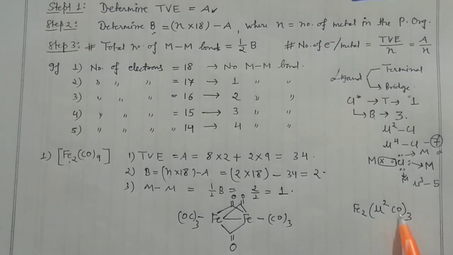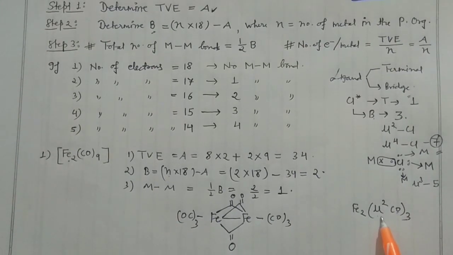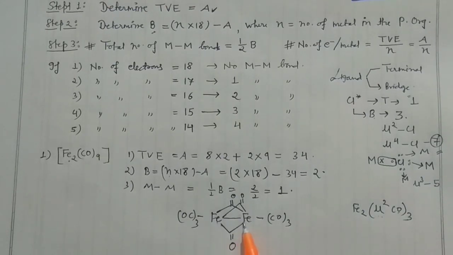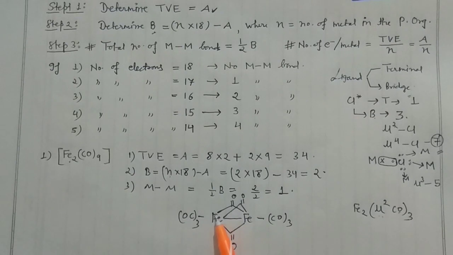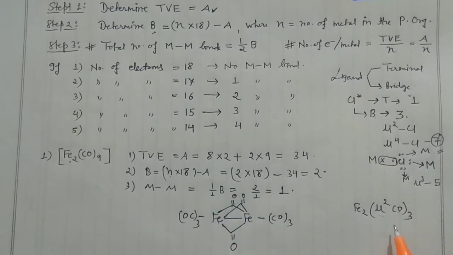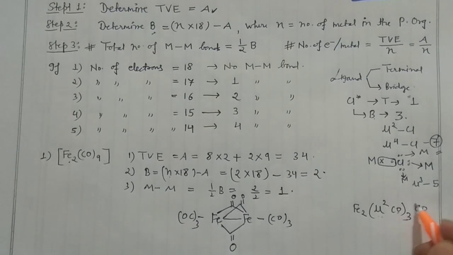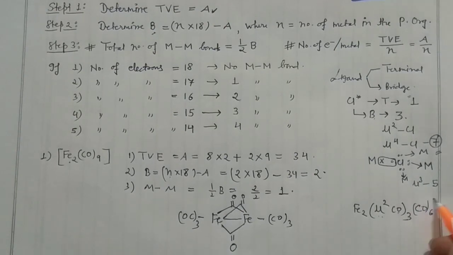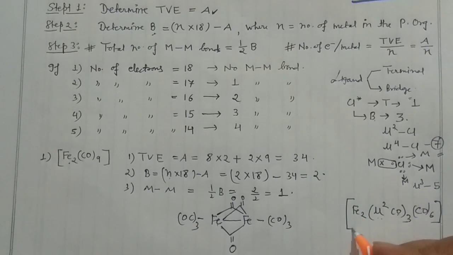That means 3 carbonyls are connecting the irons. See, these are the 2 irons. One carbonyl is connecting here, another carbonyl is connecting here, and another carbonyl is connecting here. And the rest you can write in that manner, (CO)6. So this is how you can determine the structure.